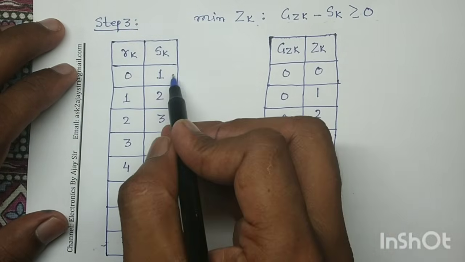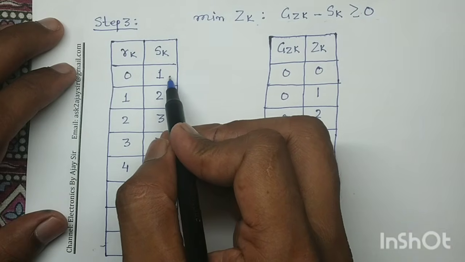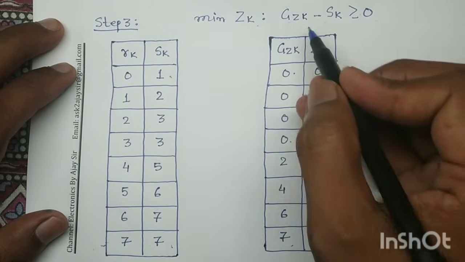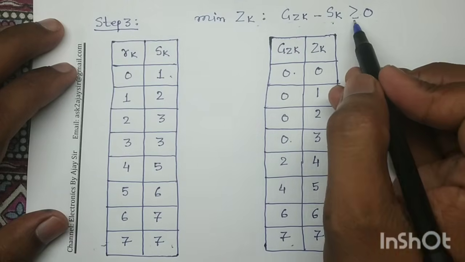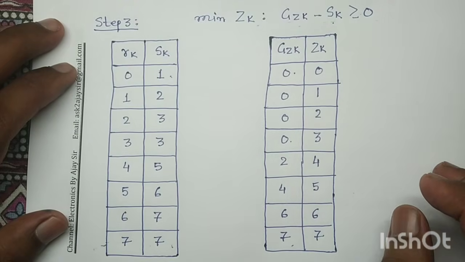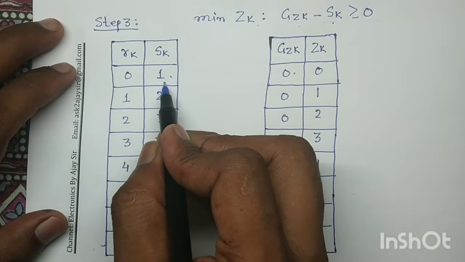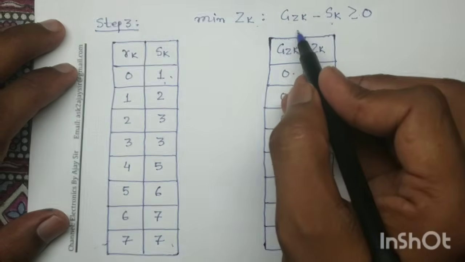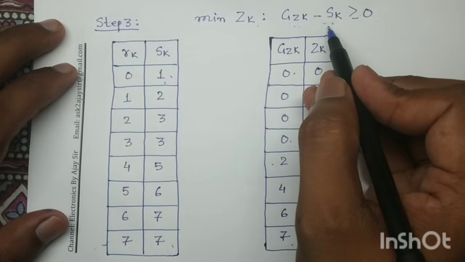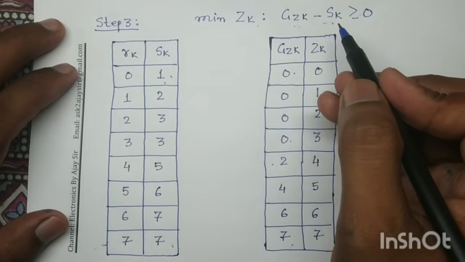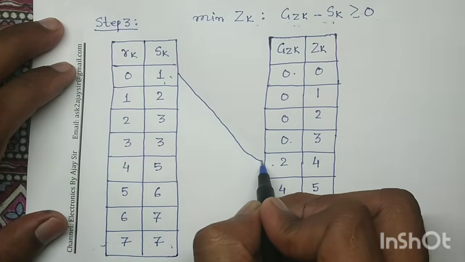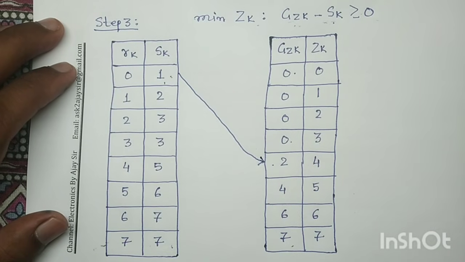So first, SK equal to 1 cannot be mapped with GZK equal to 0, since 0 minus 1 doesn't satisfy the condition of being greater than or equal to 0. So SK equal to 1 will be mapped with GZK equal to 2, such that 2 minus 1 satisfies the condition that the result is greater than or equal to 0.